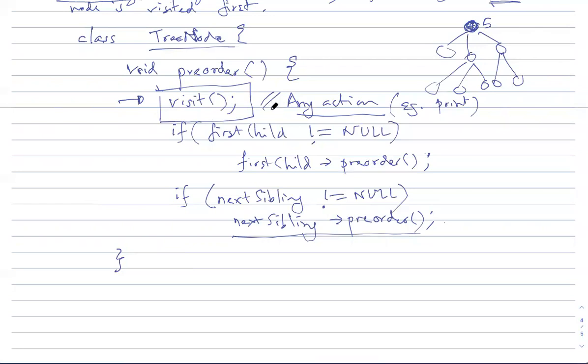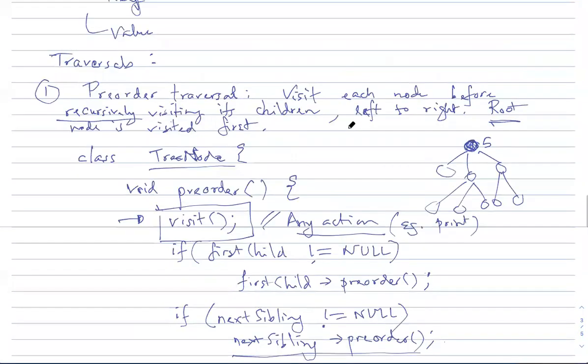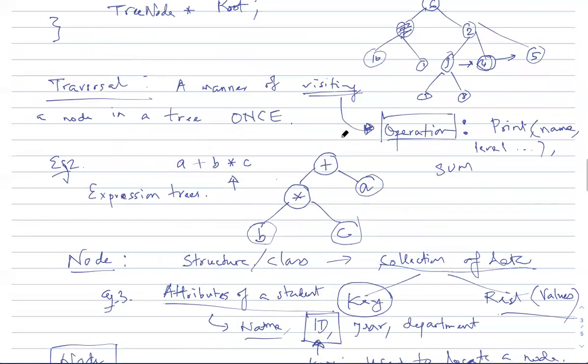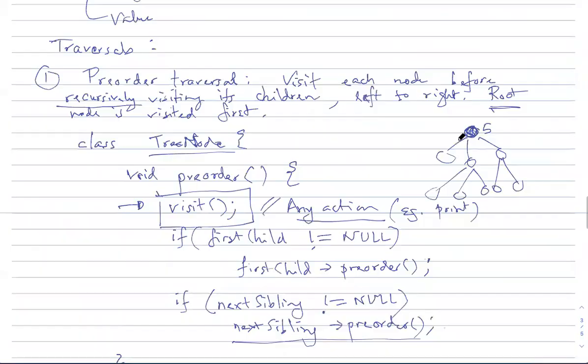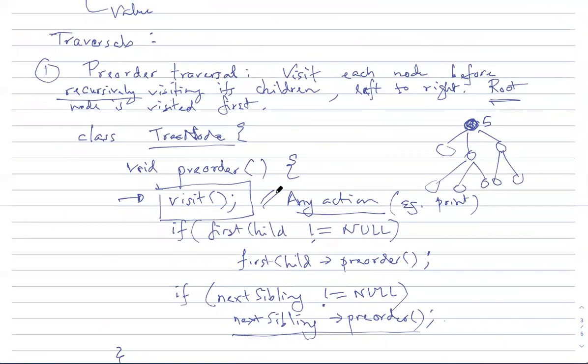And the nomenclature is that whenever you see the word visit, that's why I was explaining before, you visit for a reason. You don't just visit for the sake of a visit, right? So visiting corresponds to performing some operation. So here, if you have a certain application like printing every single node, instead of visit, you're just going to say cout less than less than. Now this is the current node, so you may like to print the key.